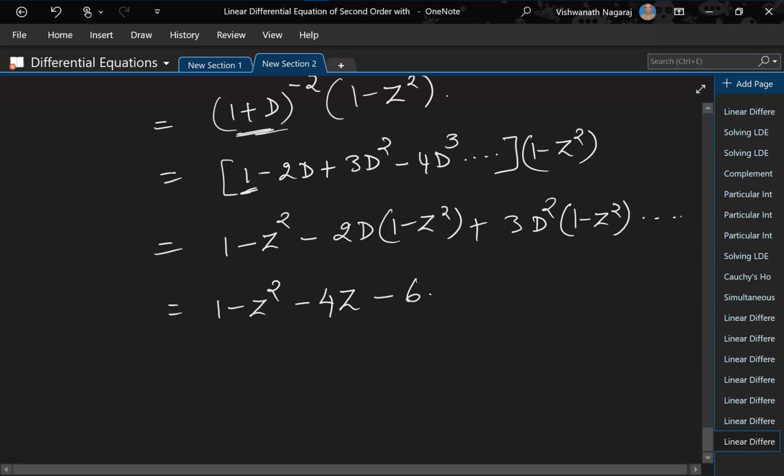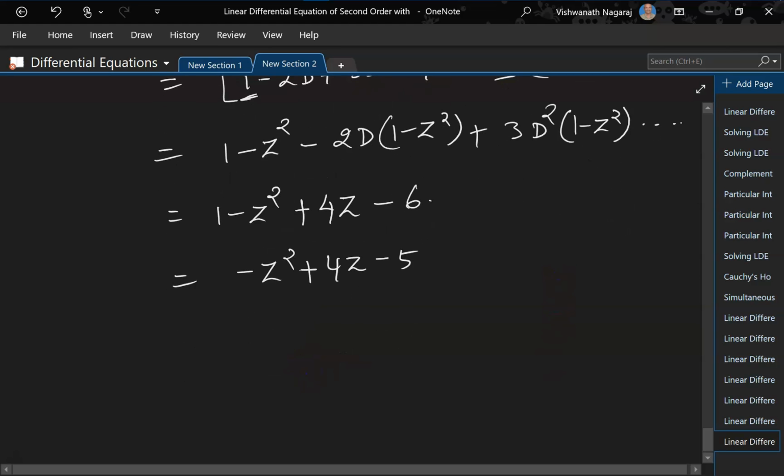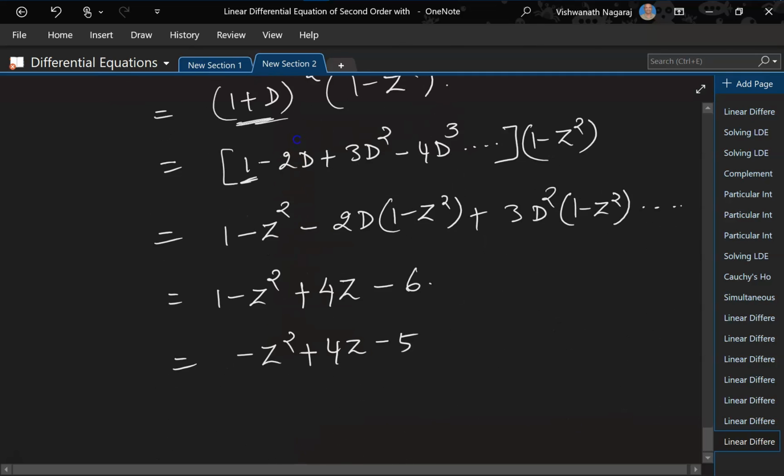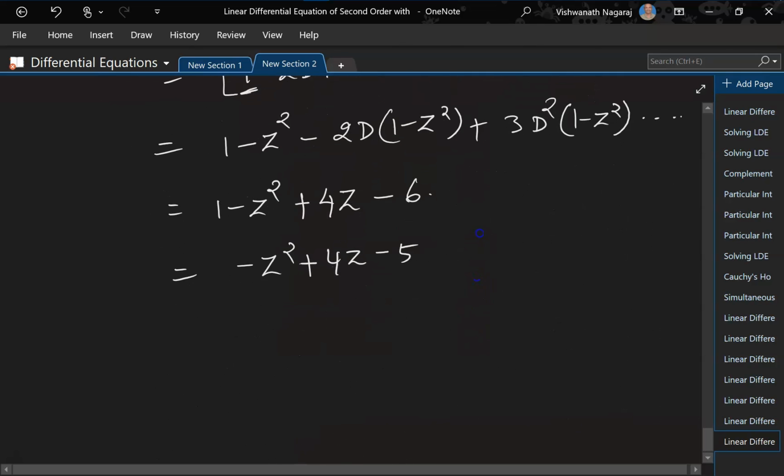Next derivative, if we go, it will become 0, so we can stop. So this can be written as minus z² plus 4z minus 5. Okay, so this was the particular integral.